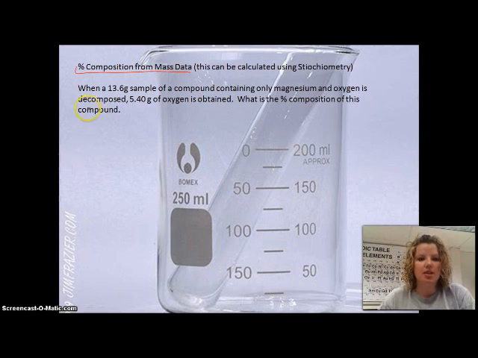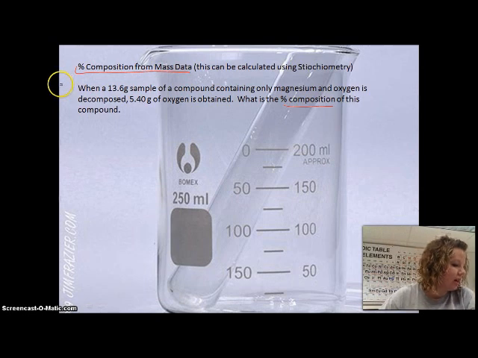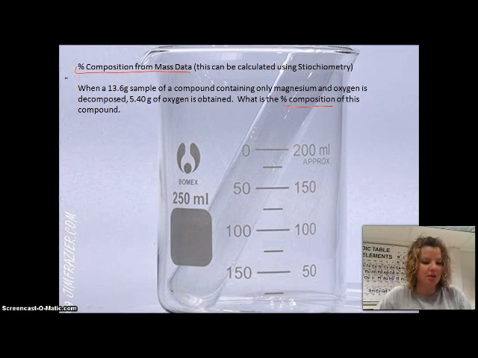So it says you have a 13.6 gram sample of a compound containing magnesium and oxygen, and it's decomposed into 5.40 grams of oxygen. Okay, so it wants to know what's the percent of magnesium and oxygen in this compound, or at least of oxygen. Okay, so we are going to be using mass. Okay, mass on the periodic table.